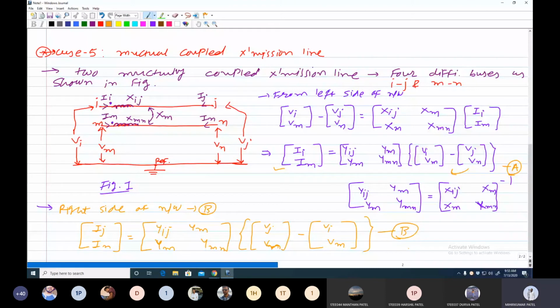So in this case, we have total number of buses as 4: I, J, M and N. So how many elements get affected, or we can say change, in the final matrix if we are considering the case of mutual coupled transmission line?